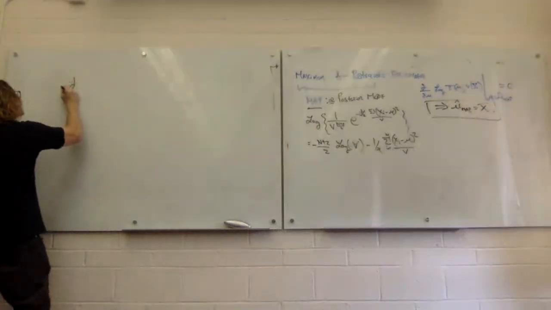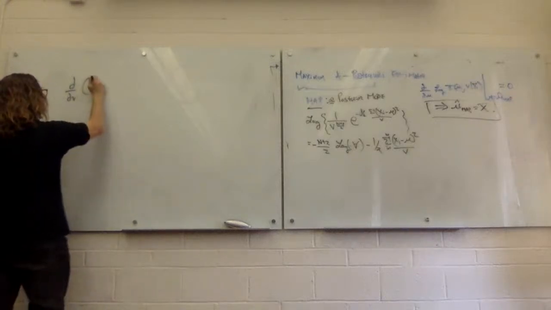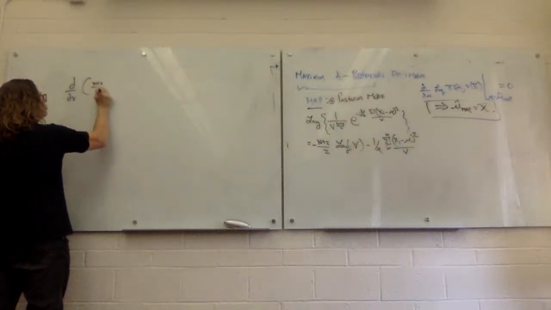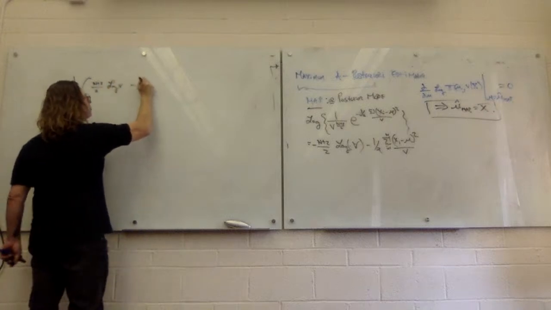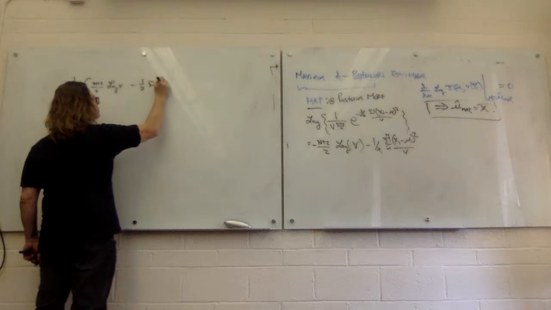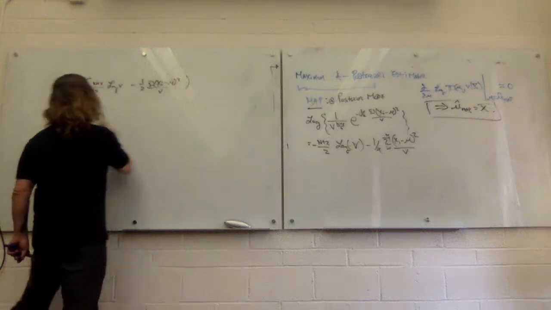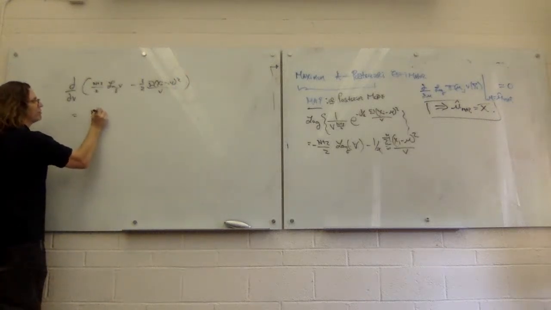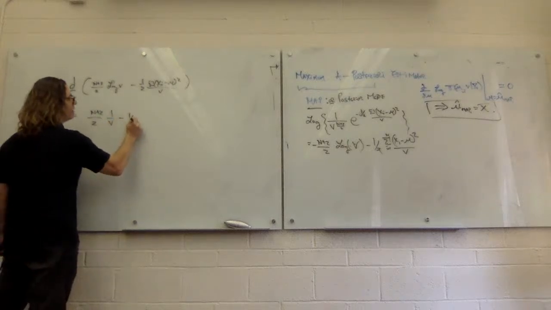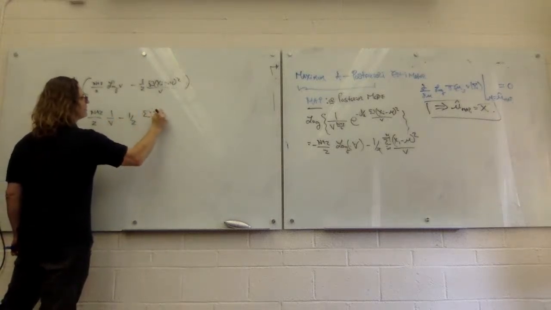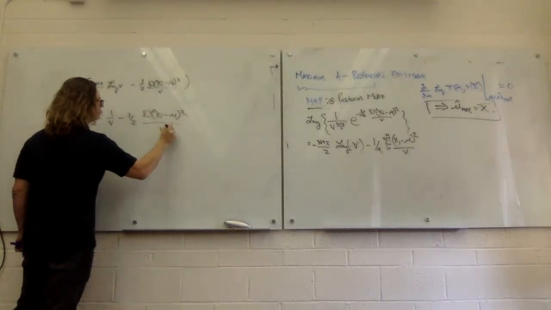So the derivative with respect to the variance of negative (n plus 2) over 2 log v minus 1/2 sum of the squares divided by v is equal to this: negative (n plus 2) over 2 times 1 over v, plus 1/2 sum of the xi's minus mu squared over v squared.